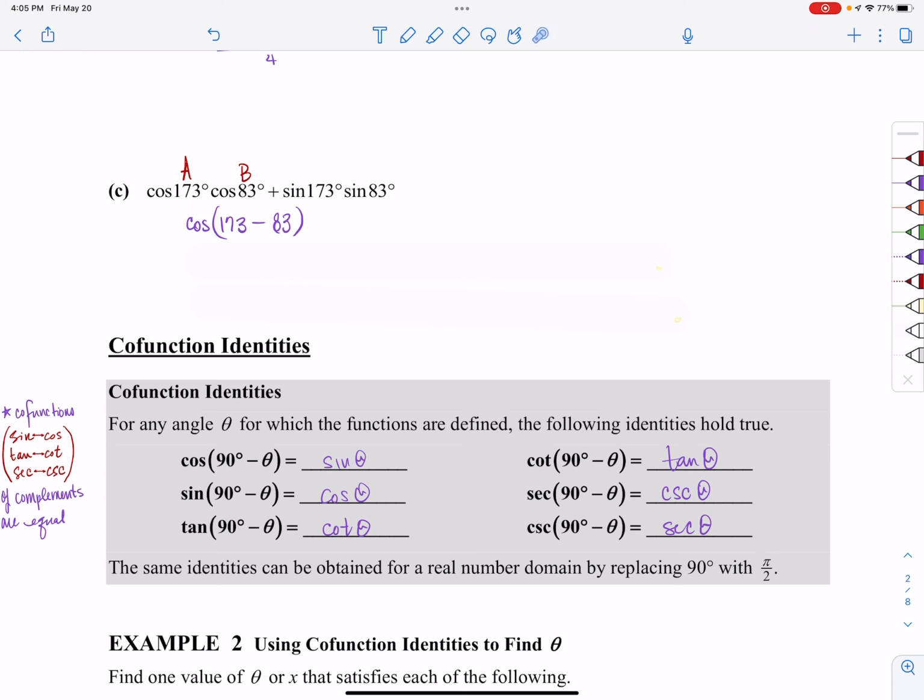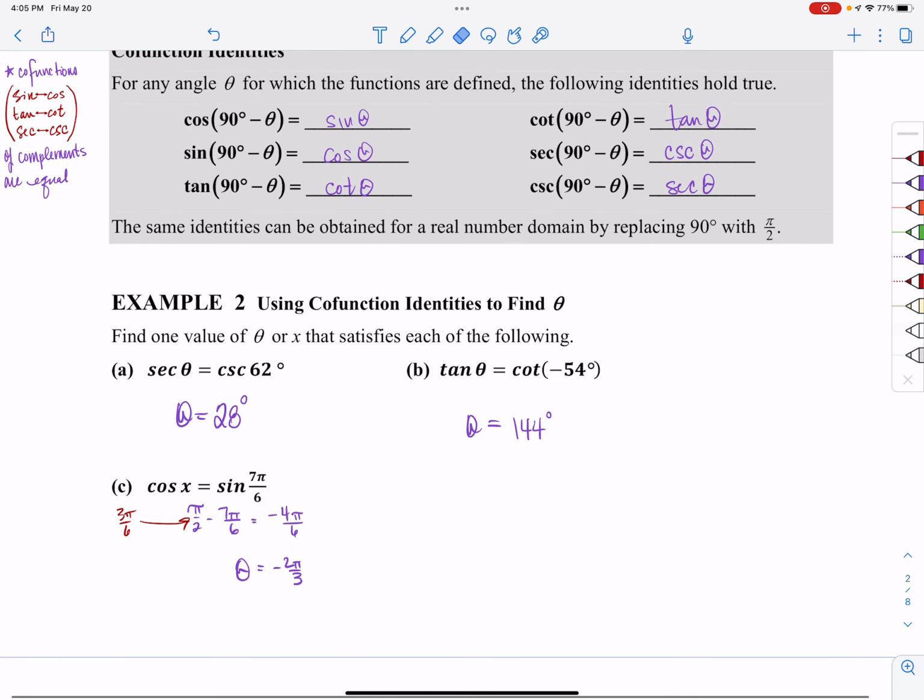This is the left side of the identity, and this up here is the right side of my identity. Now let's just go ahead and subtract these two, and 173 minus 83 is 90 degrees. My unit circle says that 90 degrees is up at the top, and the cosine of 90 is 0.